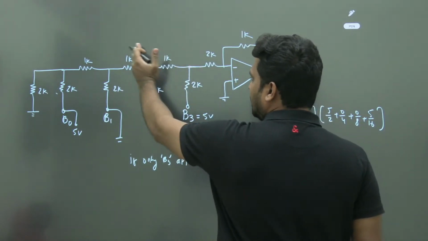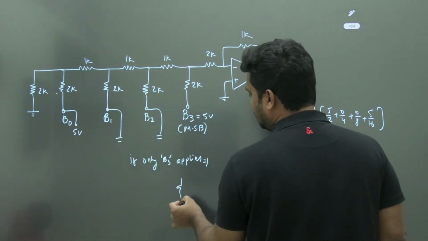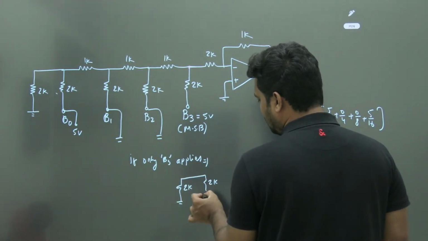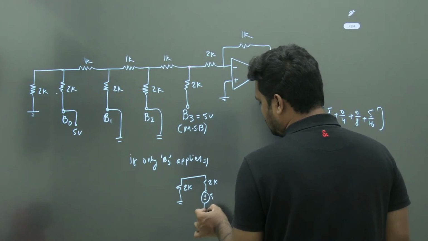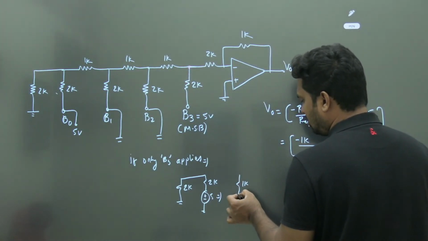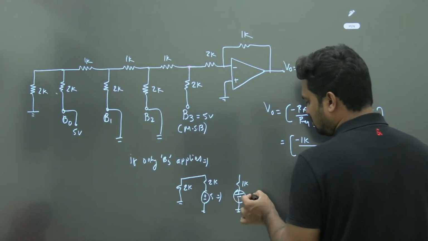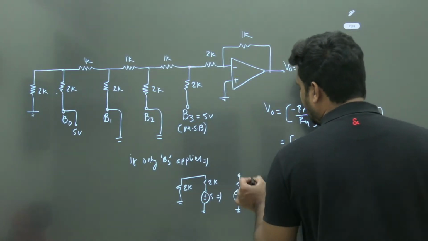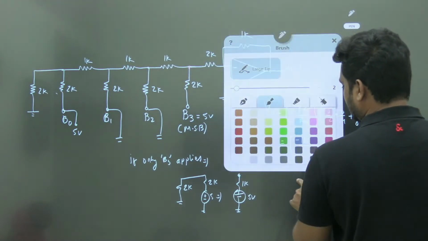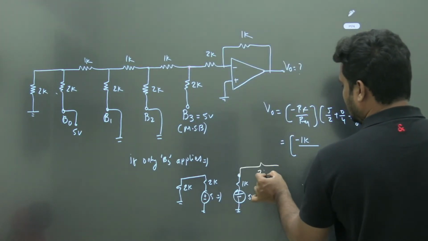Yes, now the equivalent is 2k, and this will be 2k and 5 volts. This will give me 1k and 5 volts, and the remaining part of the network is 2k.